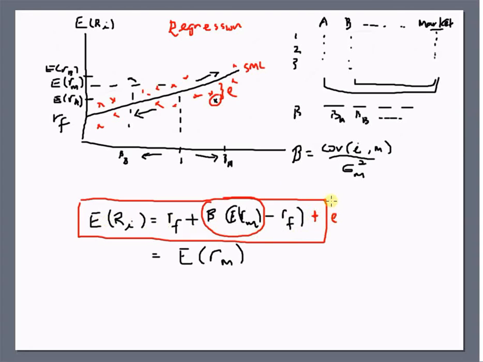This also poses a risk when we invest in this security A. If you look at this formula again, these are the two risks that are present when we invest in A. We can call this a diversifiable risk, or some people call it idiosyncratic risk, which is represented by this variance.